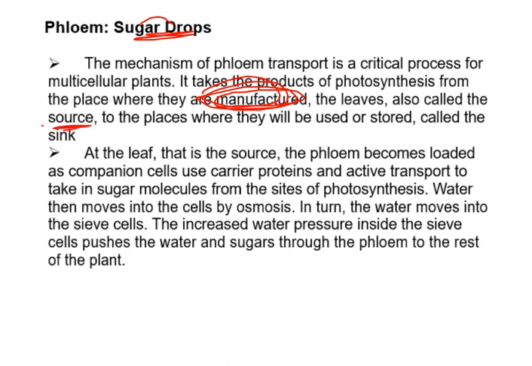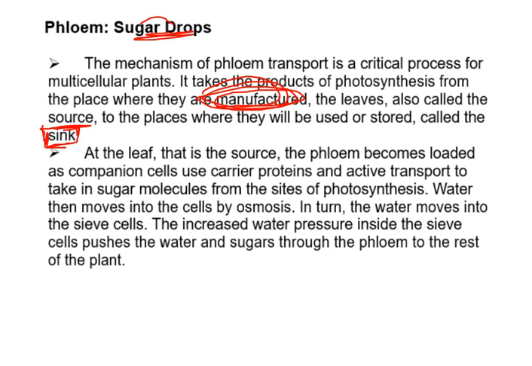The word we use is the sink. Not the kitchen sink, okay? But a place where you can sink a whole bunch of glucose into. Typically, we're talking like a strawberry or an apple, if it's a fruit-bearing plant. There's got to be a place inside the plant where sugar accumulates.